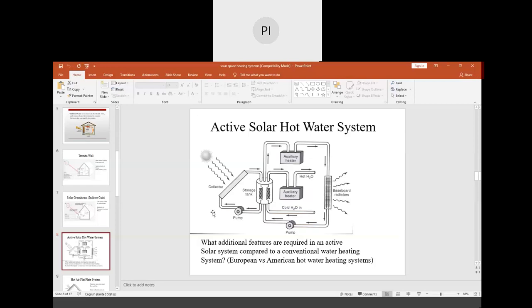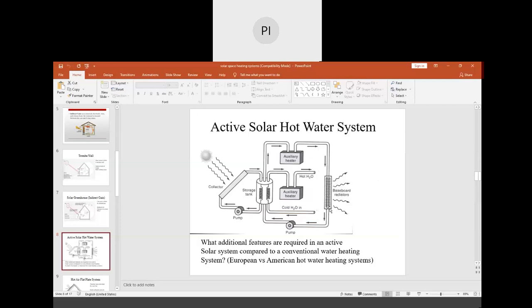This is an active solar system. Here we are using pumps. Cold vapors are collected, and hot water comes out into this coil, and hot radiation comes out in this manner.